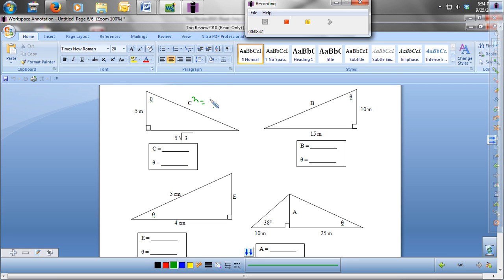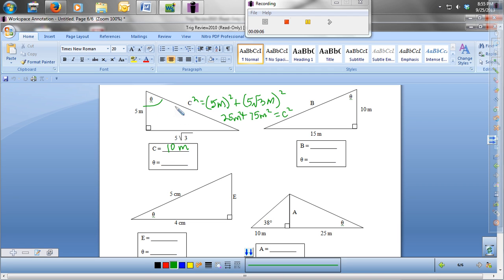So that's going to be 5 meters squared plus 5 square roots of 3 meters squared. Okay, this is 75 meters squared when I punched it in the calculator. This is 25 meters squared. So c squared is going to be 100. So c is going to equal 10 meters.